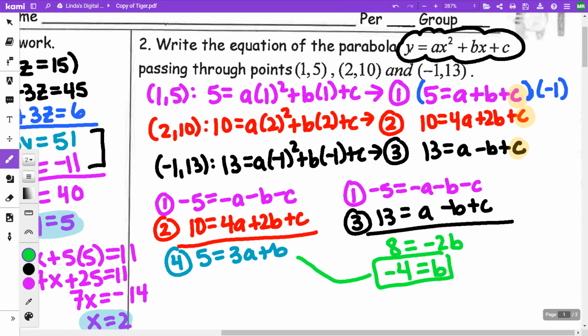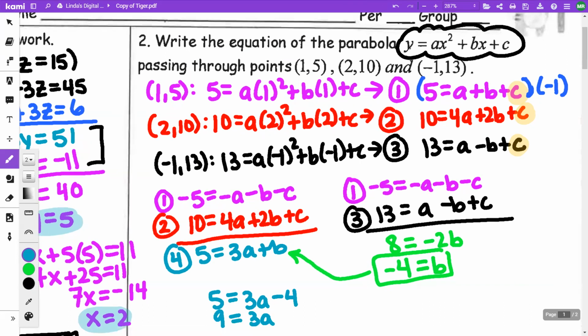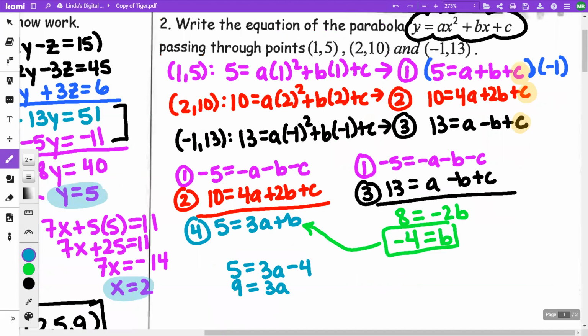So I'm actually going to put that into this equation. So I'm going to have 5 is equal to 3a minus 4. So 9 is equal to 3a. So my a is going to be 3. So now we just need to find the c.